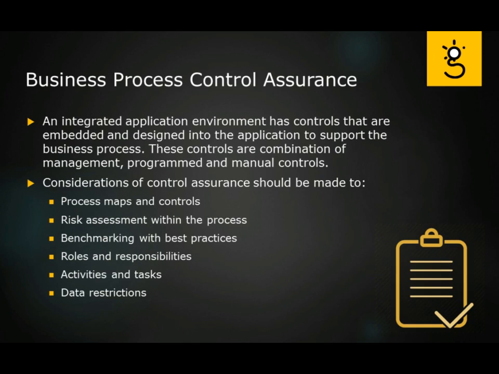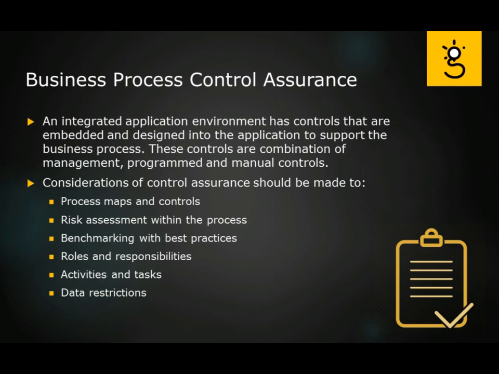Now, when we talk about business process control assurance, you've got to remember that an integrated application environment has controls, usually embedded and designed into the application to support the business process. Those controls are usually some combination of management, programmed controls, or even manual controls. Some of the considerations of control assurance that you want to look into are things like, did they have a process map and controls?